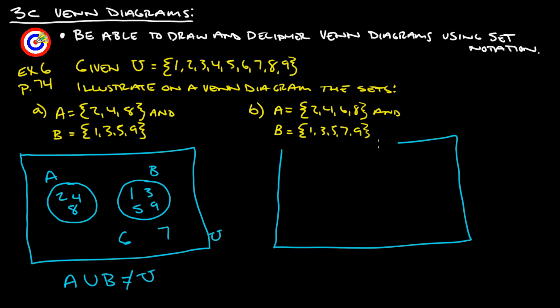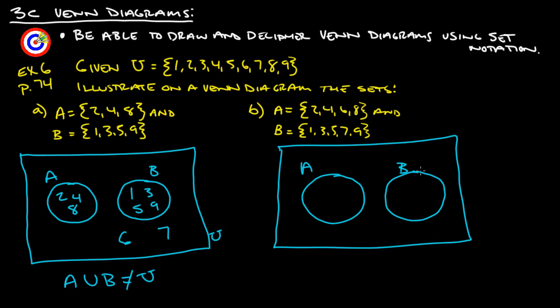Over here on B, set A and set B again don't have anything in common. So I'm going to draw those as two separate sets there. And A has 2, 4, 6, and 8. Set B has 1, 3, 5, 7, and 9.